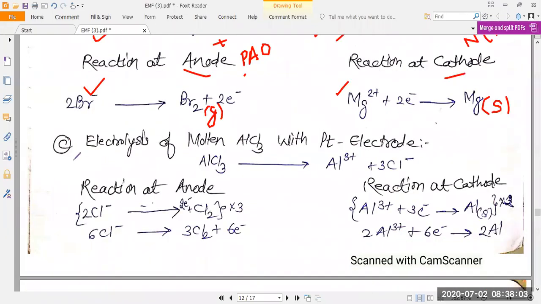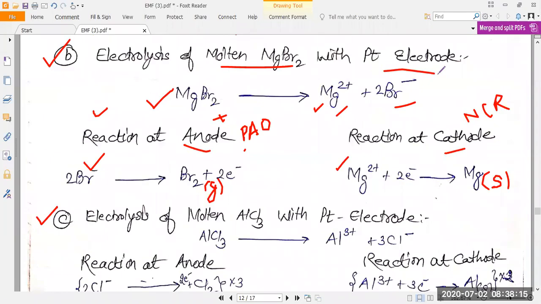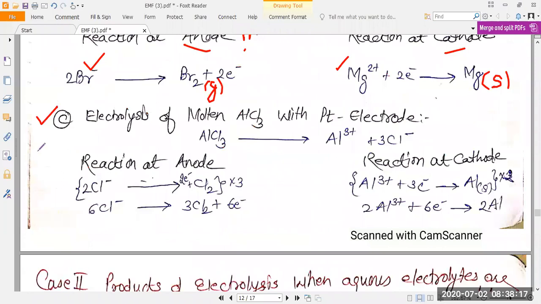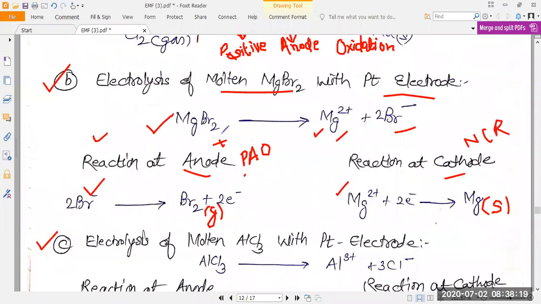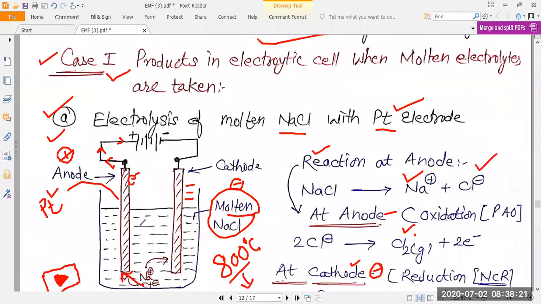Now we move to the third example, electrolysis of molten aluminum chloride when platinum electrodes are taken. What happens when we take platinum electrode and start the electrolysis process? Again, in this electrolytic cell, in the place of NaCl we fill aluminum chloride in the same cell and place two electrodes.